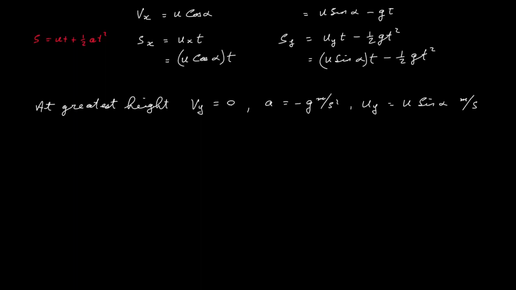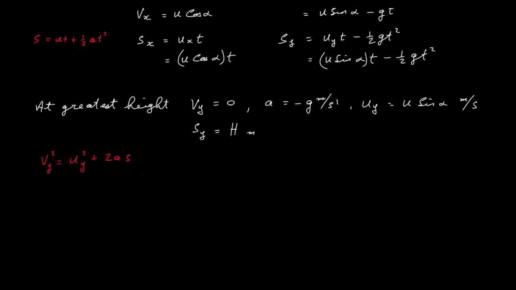And we're going to say that the distance in the y direction, we're just going to call it h, large h here, and that's in meters. The formula we're going to use to develop this particular equation is v squared is equal to u squared plus 2as, and this is in the y direction as well.